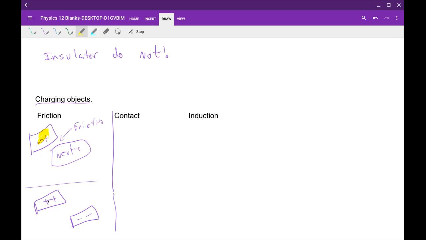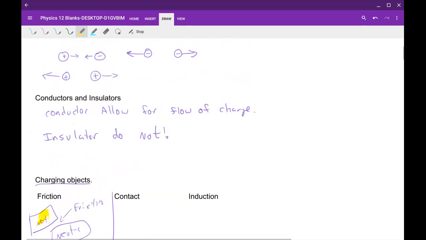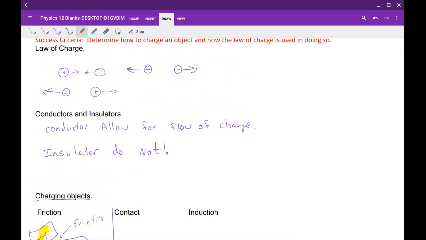And so now it's positively charged because it still has its protons, and over here it's got a lot less electrons. Oh, and I forgot to mention up here that it's the proton that is positively charged, and it's the electron that is negatively charged. I'm pretty sure you guys know that from somewhere. Somebody told you that once.